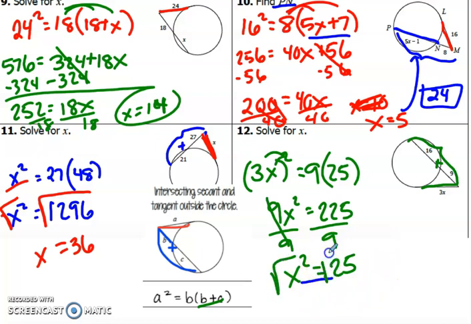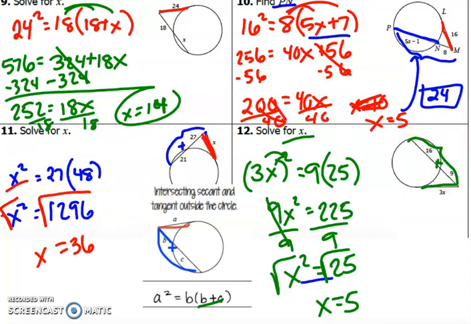And then square root your final answer to get x is 5. And we are done because it just said solve for x. Okay? So that is how you solve it when you have a secant and one tangent. It's a little less work because you don't have to find 2 totals. You only have to find 1 total.